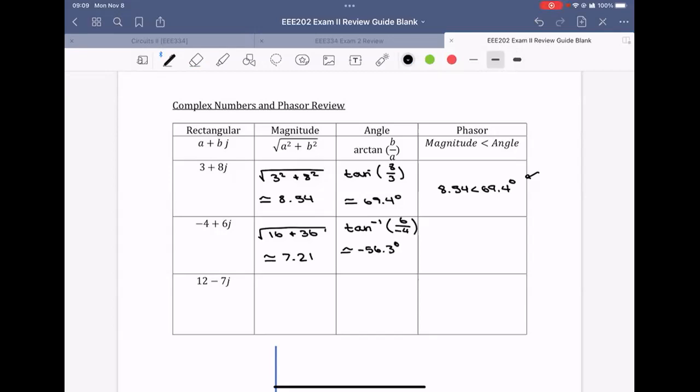Now this is okay, right? The magnitude cannot be negative. The angle could, but you can just add 180 degrees to it. That would keep us in the correct quadrant.